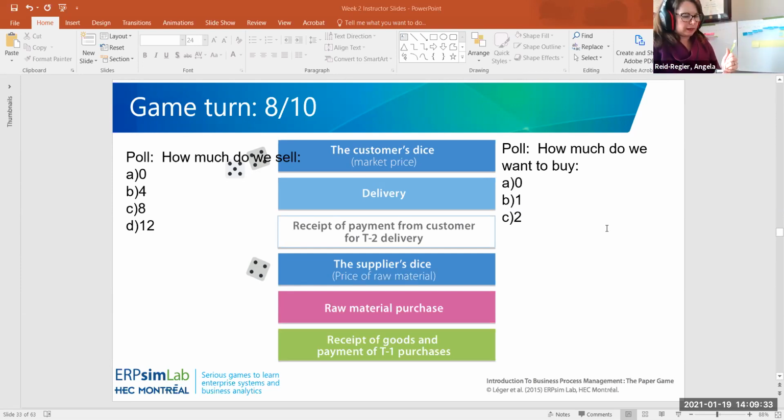So we did 8 pieces at $4, right? So they're going to have to pay us in 2 turns down the road. Okay. And we can also collect payment for deliveries from 2 times ago. So 2 times ago, we delivered 12 sheets. So here's our check for $8. Yeah, I'm putting this on my reference wall.